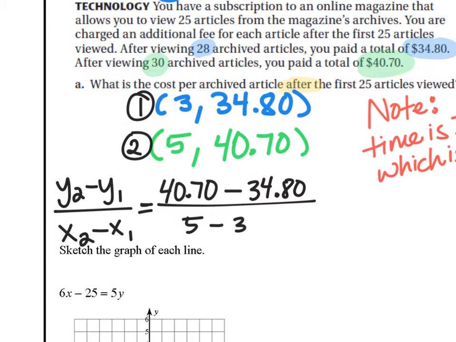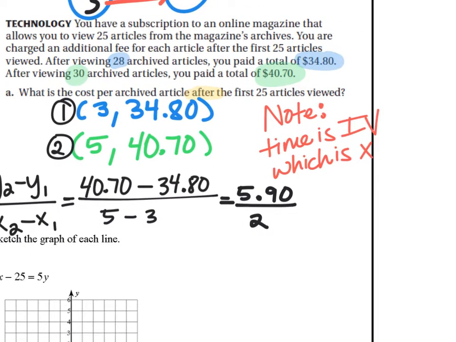Let's go ahead and solve that out. On the top I get 590. On the bottom I have 2. So if we divide that in half, that's 295.